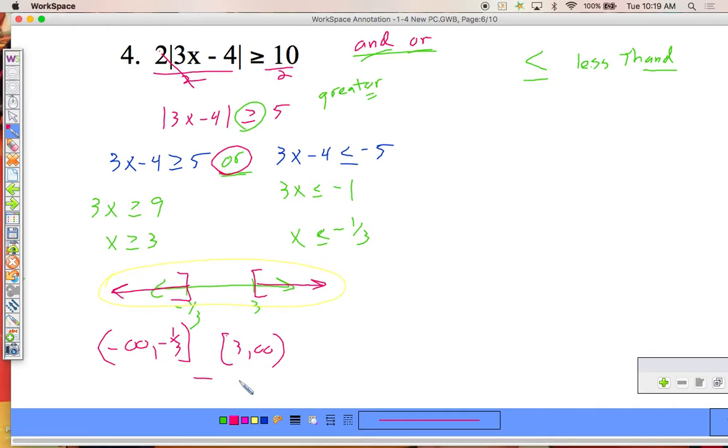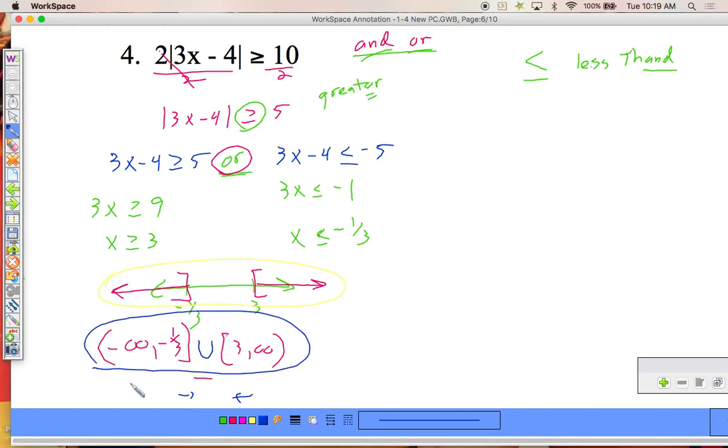And I left the space in between for a reason. I want to take both of these inequalities and stick them together into one set of numbers. And what we're going to do is put a U between them. That's called the union. The union takes two sets of numbers that don't intersect, they don't have anything in common, and puts them into one. So this is going to be our answer.